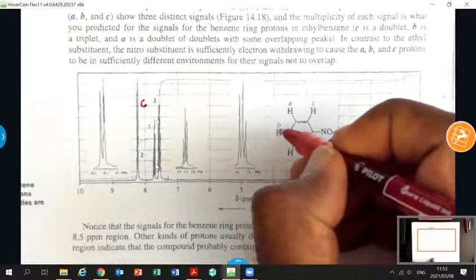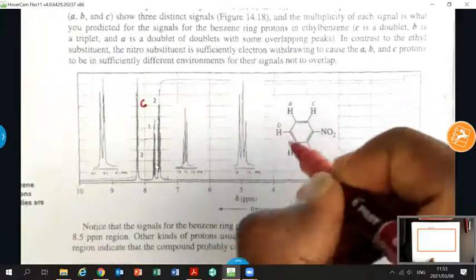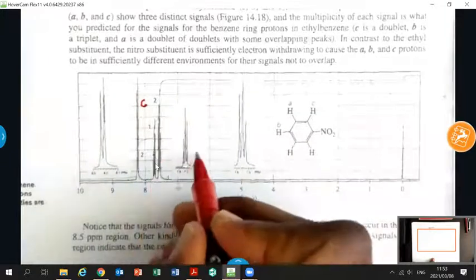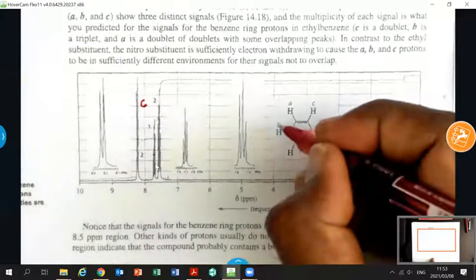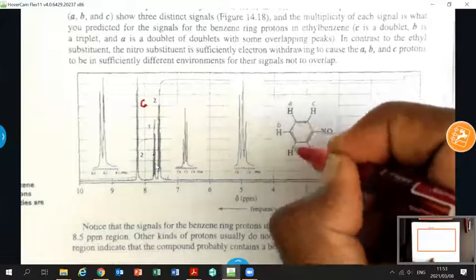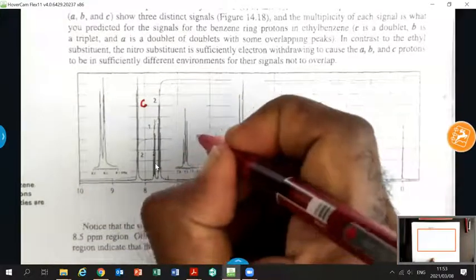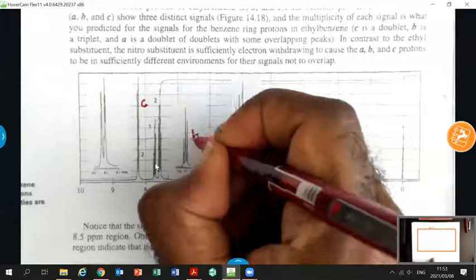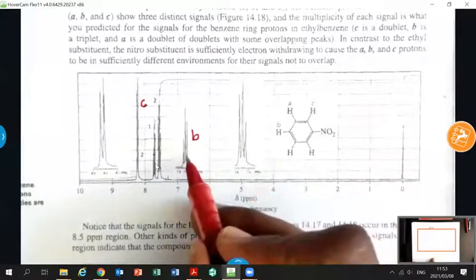If I look at B, B's got one proton, and this part is one proton. They've expanded it here. And you can see this B is next to these two equivalent A protons, so this B must be a triplet integrating to one, and that's what you find here.